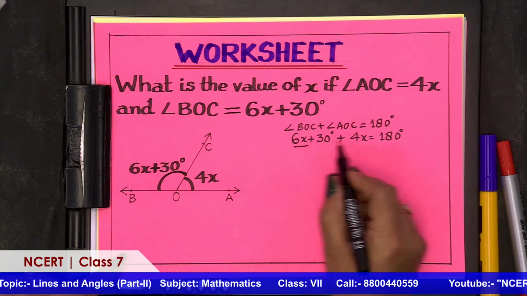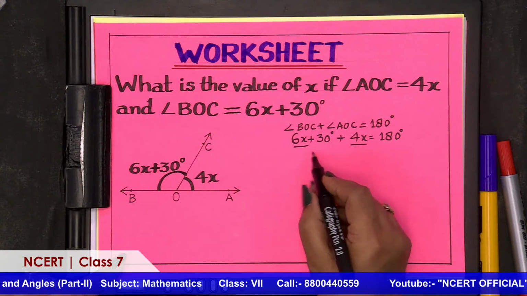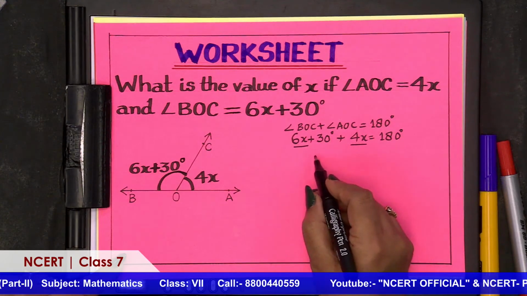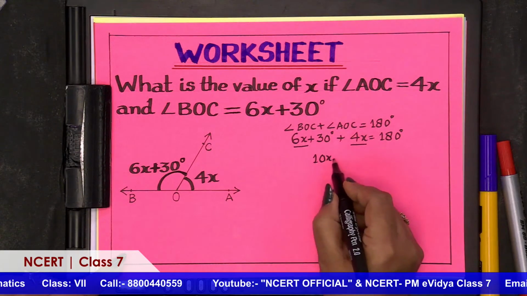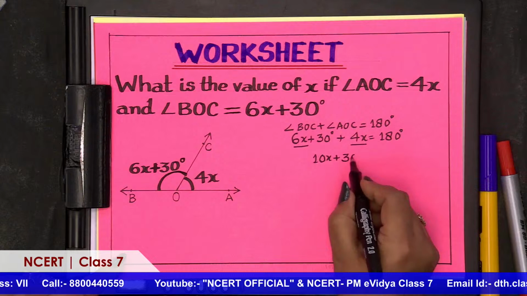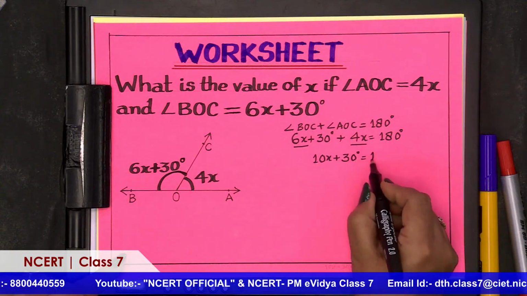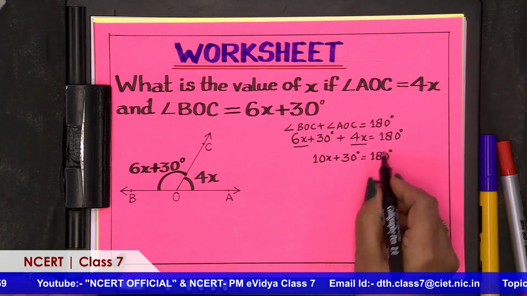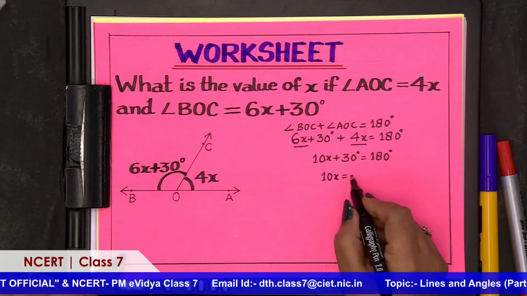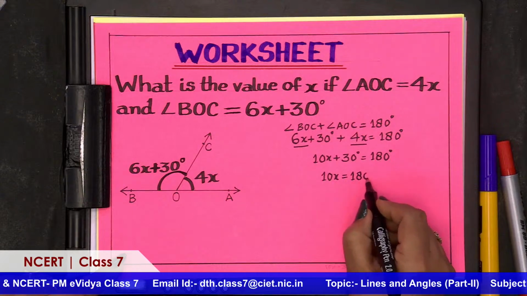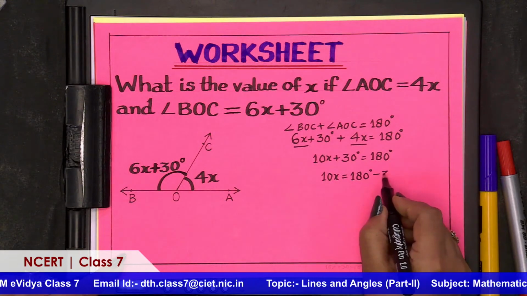Now, if I add the similar terms, they have x in common. So, what is 6x plus 4x? It will be 10x, very good, plus 30 degrees is equal to 180 degrees. If 30 goes to the other side, the sign will change and we will have 180 minus 30 degrees.